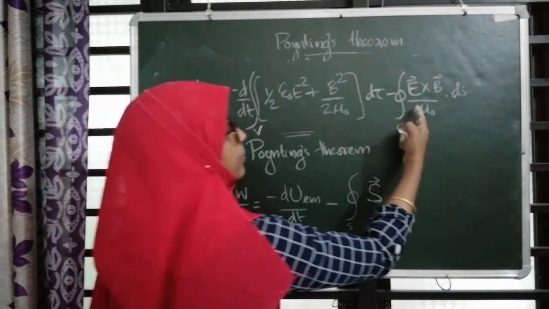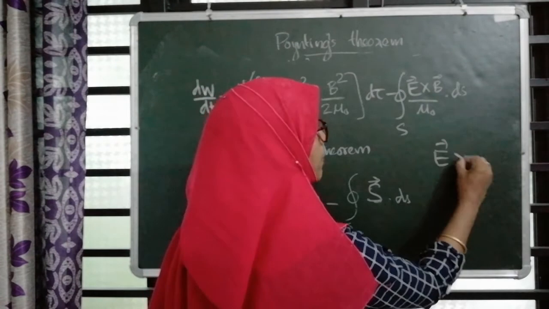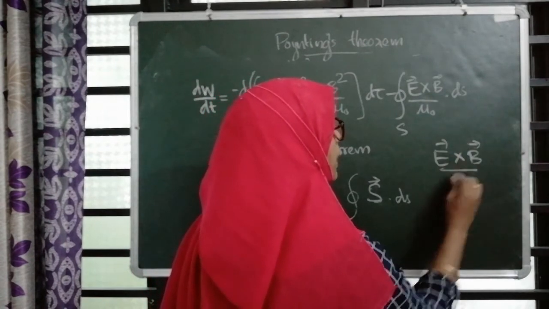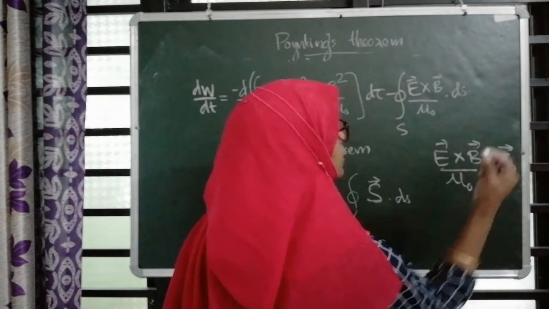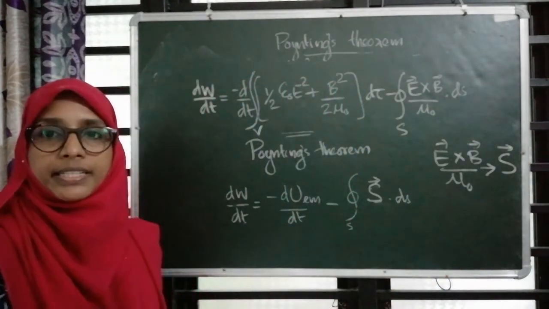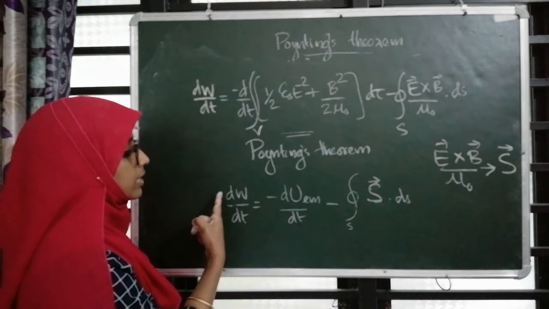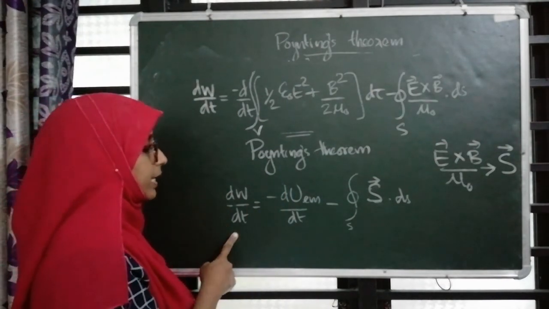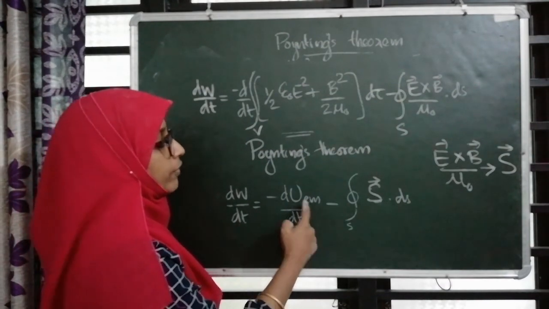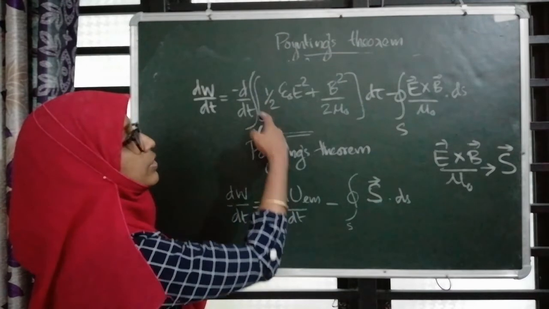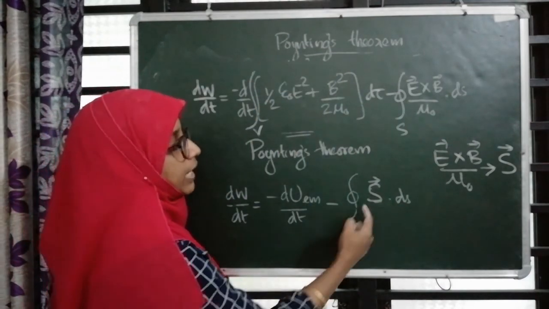And this term, E cross B by mu 0, represents the Poynting vector S. So I am rewriting this equation as dW by dt is equal to minus d by dt of U_em, where U_em represents the energy stored in an electromagnetic field, minus the surface integral of S dot ds.